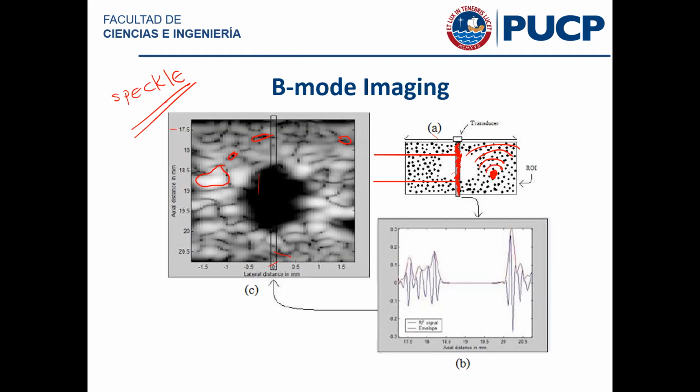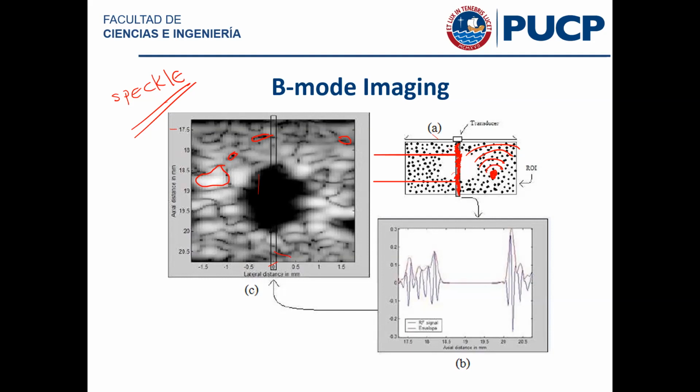And again, it really depends. The speckle texture is related to the size of the resolution cell, which in turn is related to the wavelength of the ultrasonic wave. So if you go to higher frequencies, the speckle looks different than the one you have at lower frequencies, for example.